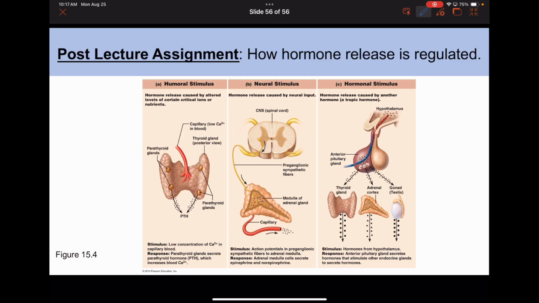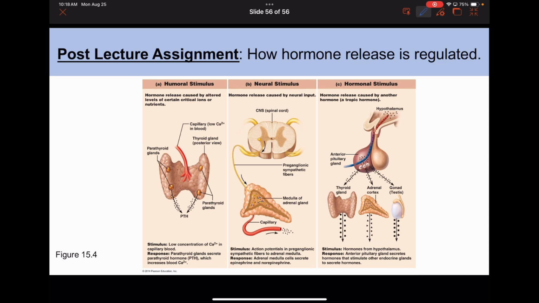That would be a humoral stimulus because it's a change in something in the blood that causes the release of the hormone. A neural stimulus is when the stimulus or change comes from the nervous system. So this is an example of your fight or flight response. You get scared or you get embarrassed or what have you. There's some emergency situation that causes a signal in your brain to then cause the release of epinephrine and norepinephrine. That is a neural stimulus.